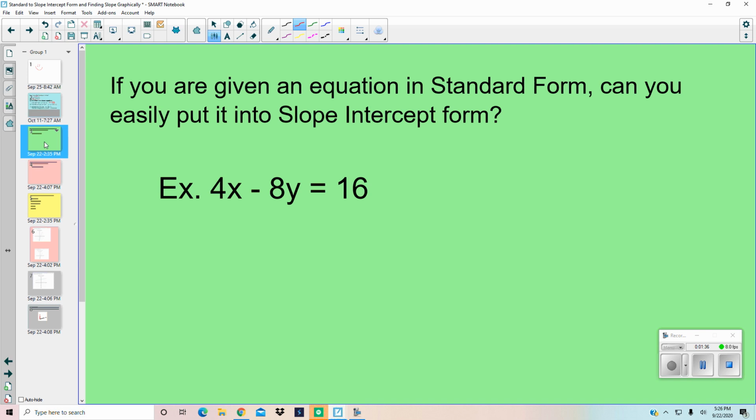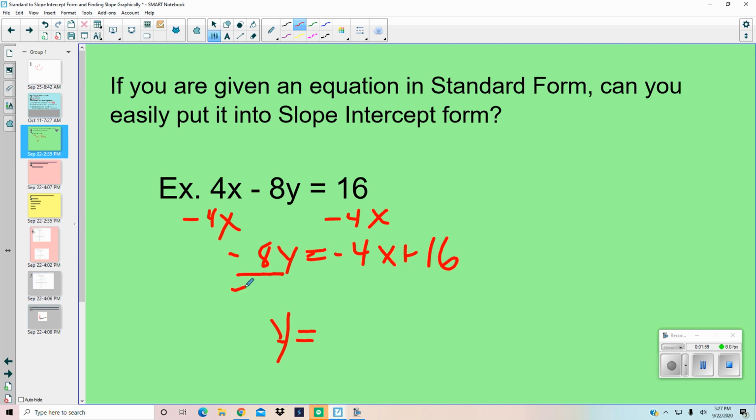So the first part of the assignment, you're going to be given an equation in standard form and then asked to put it in slope-intercept form. That just means solve for y. So you're going to subtract 4x here. So you get negative 8y equals negative 4x plus 16.